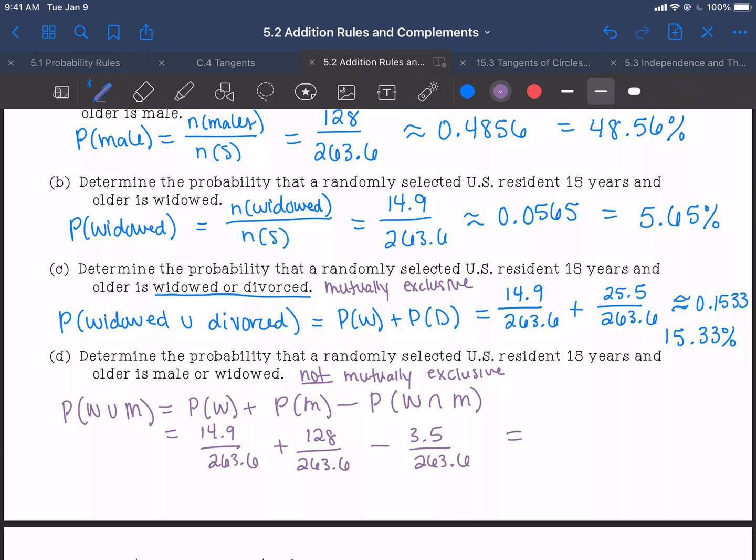If you add the numerators, that would be 139.4 divided by the 263.6, which is approximately 0.5288, which would be 52.88%. All right.